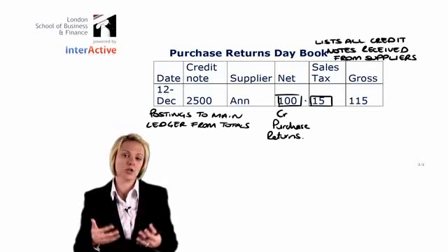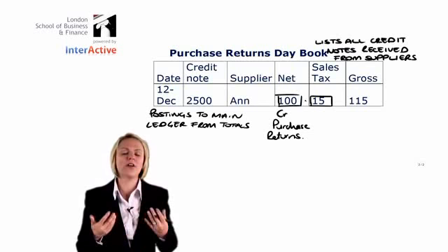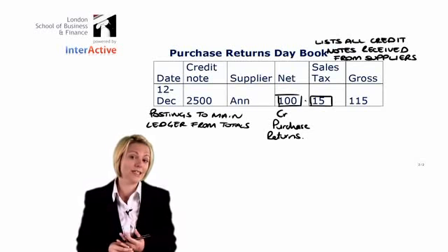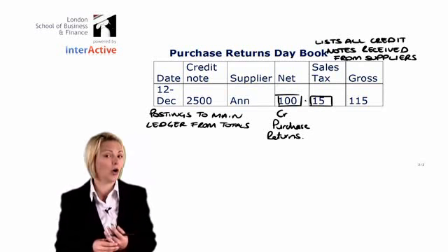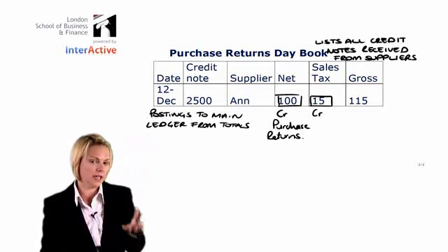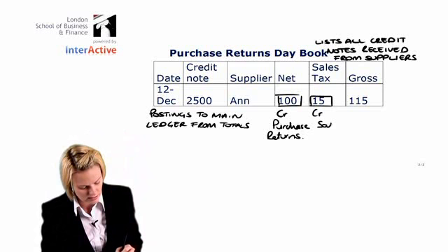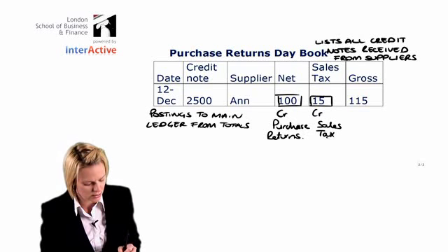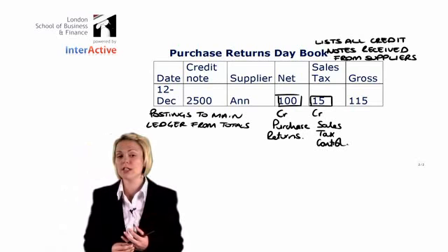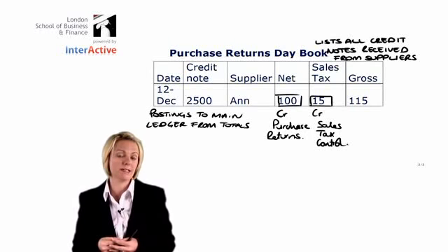Well, in this case, because we've got a return, we've overclaimed the amount of refund we can get, and therefore we need to increase the liability back up for sales tax. And that would be a credit entry. Increase the liability of sales tax control. Opposite to what we did when we looked at a purchase invoice.